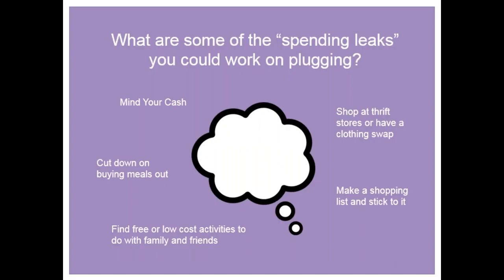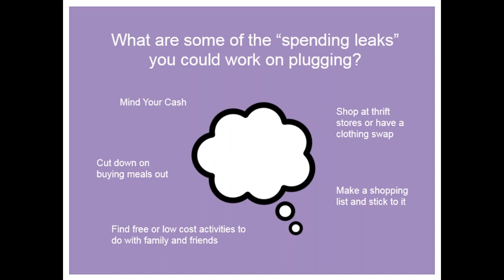Here is an opportunity to reflect on your spending habits. If you were to picture your spending as a leaky faucet, what are some of the spending leaks you could work on plugging? Type some of your answers into the question boxes. Some choices might include cutting down on buying meals out, yes.